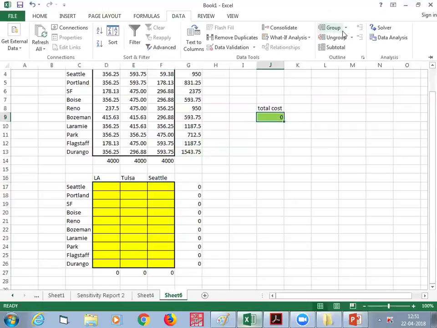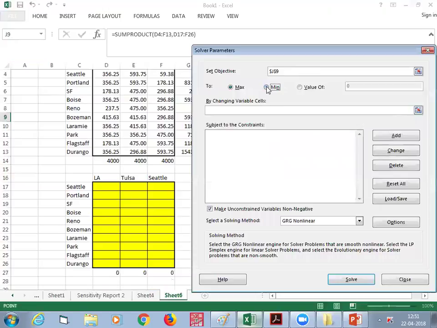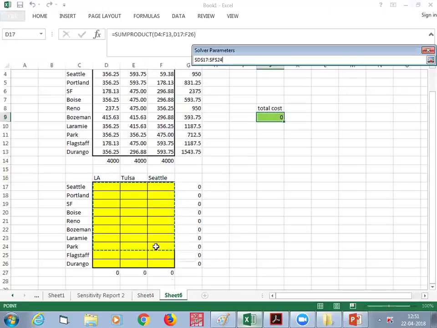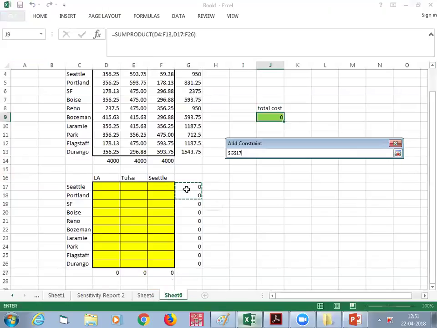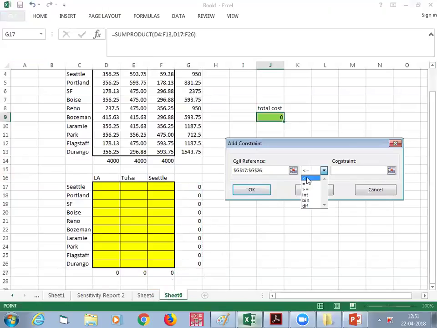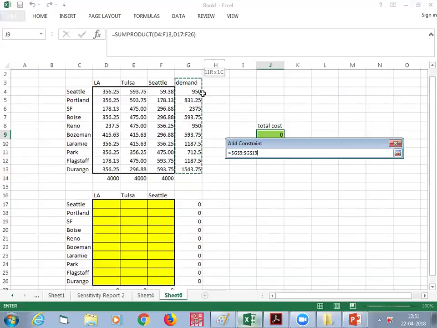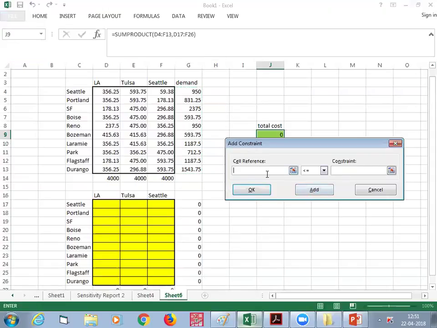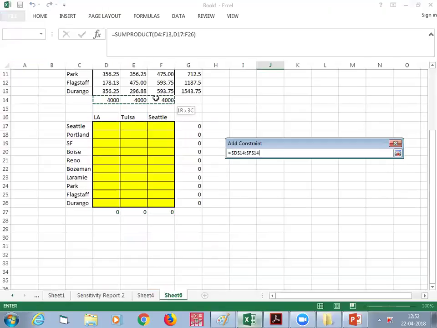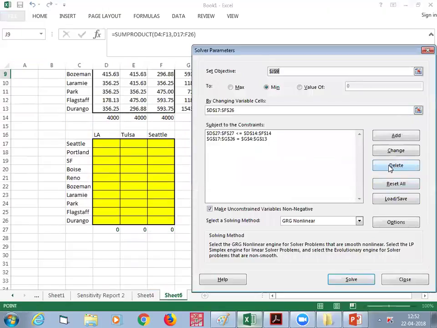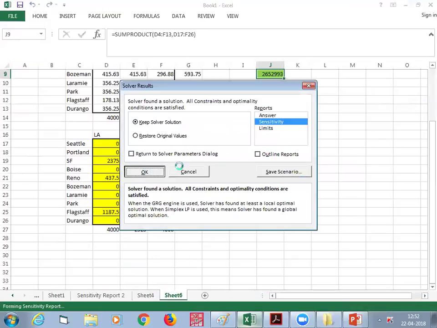Now the same thing with proper constraints. Again minimize. These again are the variables. Again, demand is equal to this demand here, and supply is less than or equal to available supply there. Okay, and solve. Very easy, right?